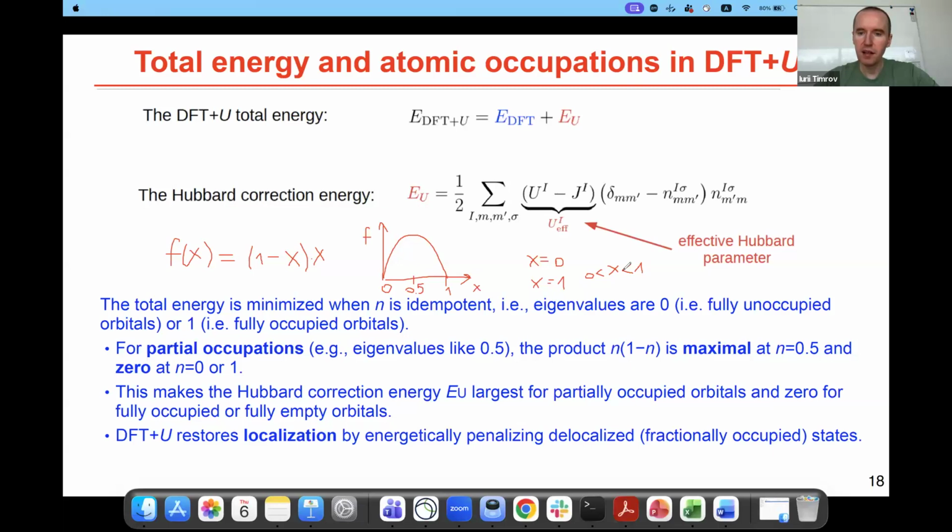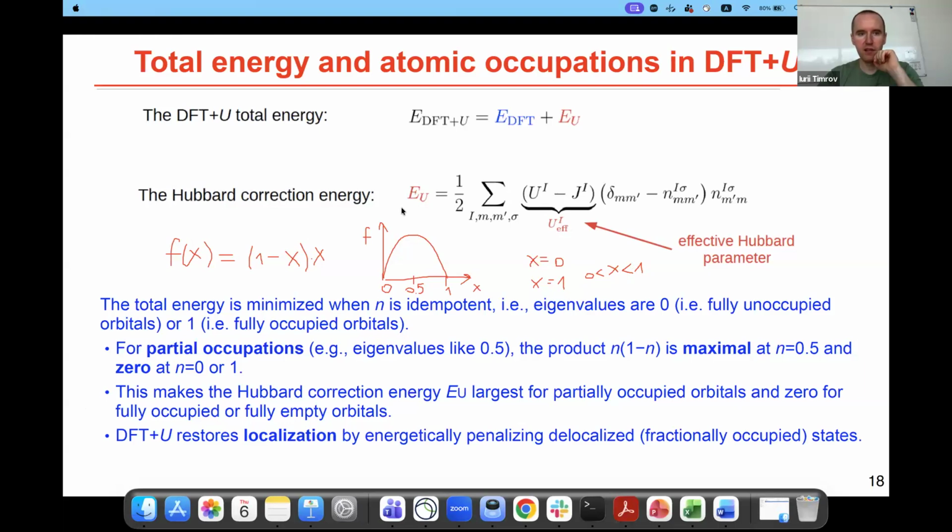Hubbard-U doesn't like the metallic solution. It wants to destroy it or kill it. So it really penalizes when x is between 0 and 1. It's really designed that way: it penalizes fractional occupations and tries to kill the metallic solution.